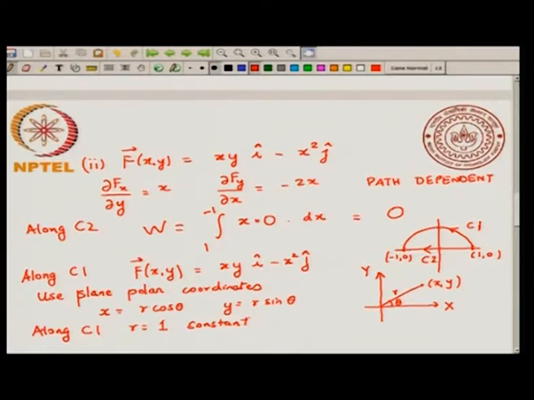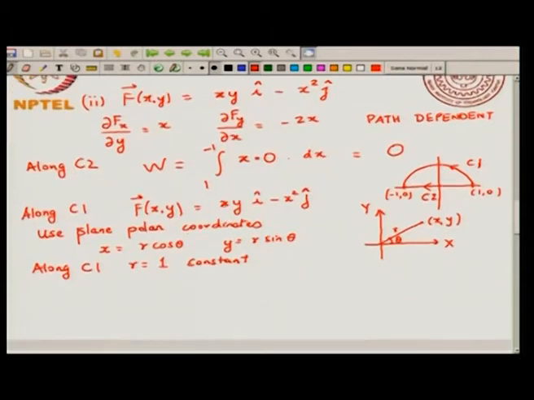Now you can write this integral, substituting for x and y. So if I write W equal to the integral of xy dx, plus, or minus in this case, because there is a minus x square, minus the integral of x square dy. This is along path C1.